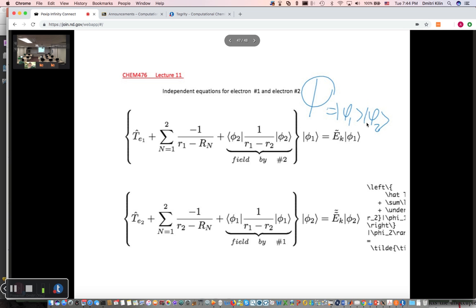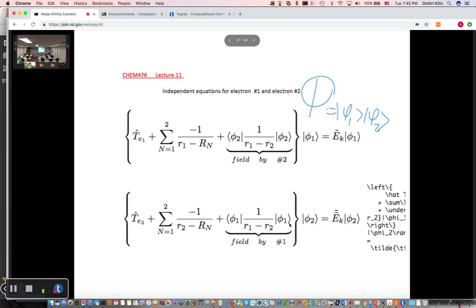Let's say someone knowledgeable provided us the function phi 1, then we can go to the second line on this slide and formulate an operator in the curly brackets, which will act only on the second electron and which will include averaging over the position of the first electron in the first wave function.